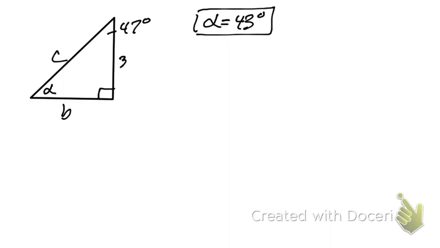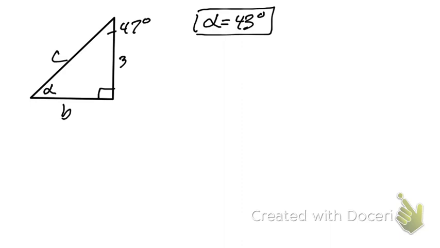All right, let's go ahead and find our B value. Well, if I'm looking at my B value, and I have that 3 value, and I'm going to look at the 47 degrees, or you could look at the other one. Well, 47 degrees and B is opposite, and 3 is adjacent to that 47 degrees.